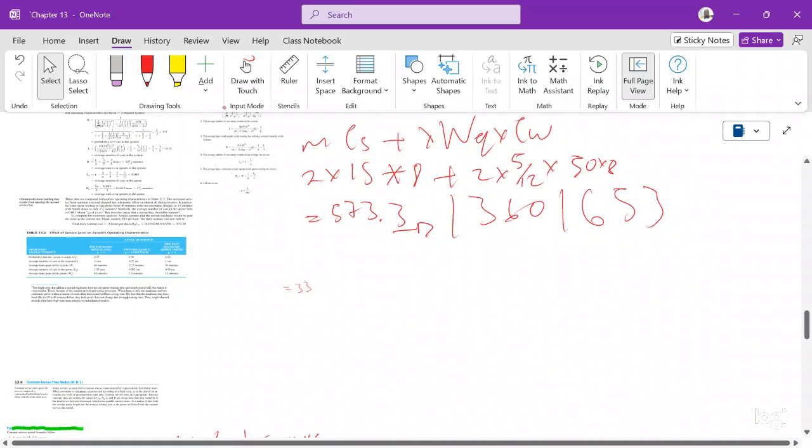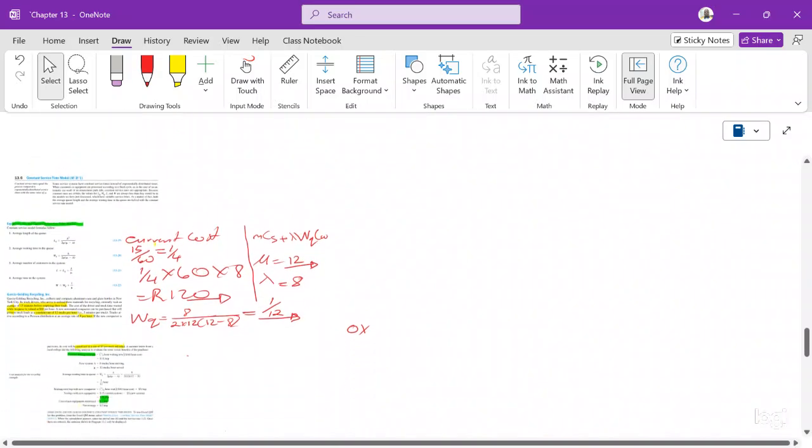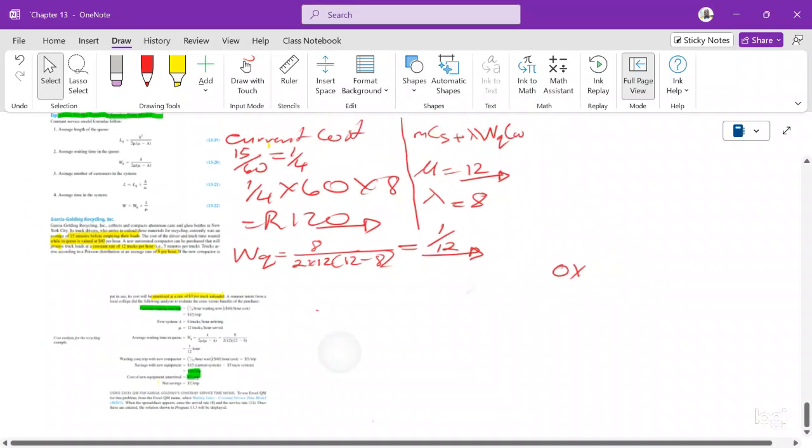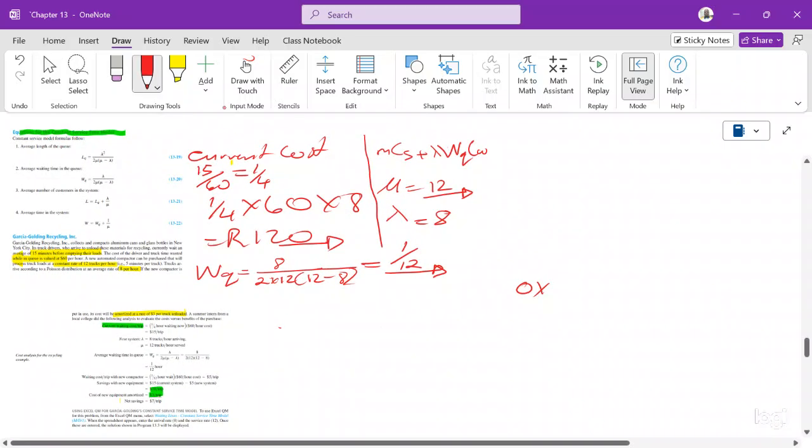So now they are saying that a new automated compactor can be purchased that will process truck loads at a constant rate of 12 trucks per hour. Okay, 12 trucks per hour. And then trucks arrive according to a Poisson distribution at an average rate of 8.